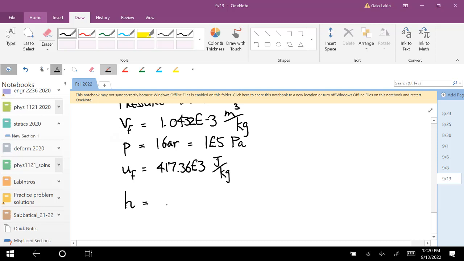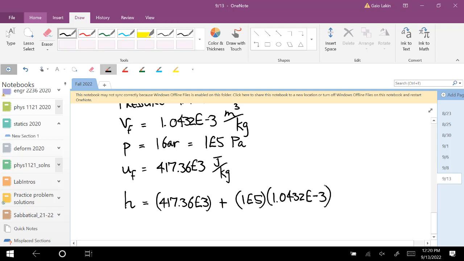So h here is 417.36 times 10 to the 3rd plus 1 times 10 to the 5th times 1.0432 times 10 to the minus third, and you get 834.92 times 10 to the third joules.